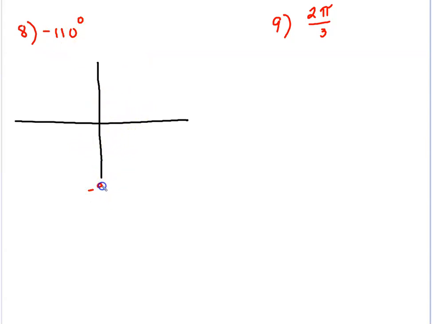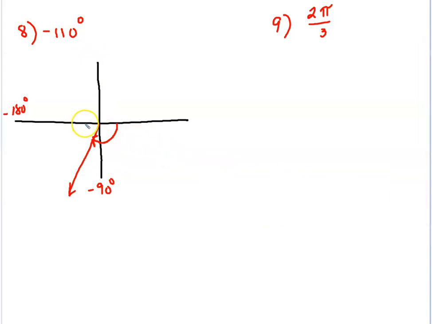So this would be negative 90, this would be negative 180. To do negative 110, I'm going to go to negative 90 and then just a little bit more, not very far. I'm going to let that represent the extra negative 20 degrees.